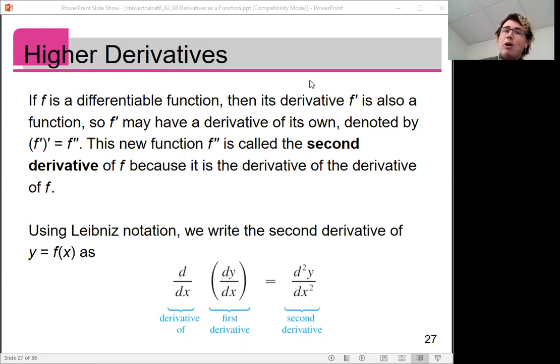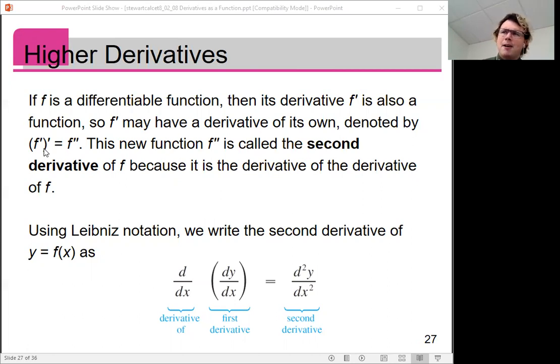Well, f prime is also a function. Maybe f prime also has a derivative. So if I want to take another derivative, I can do that, right? I'll take the limit of f prime of x plus h minus f prime of x all over h, and I would get the derivative of f prime.